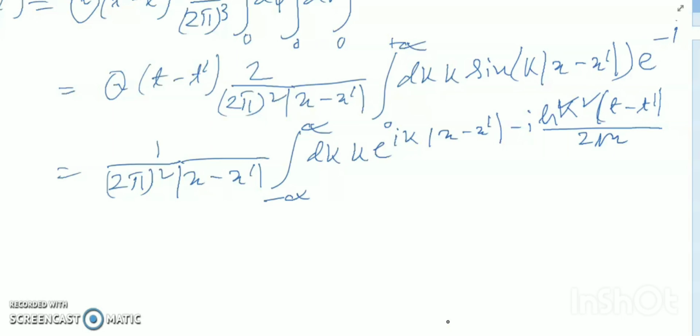The last integral is a Gaussian-like integral, so it is easily calculated. If you are not comfortable with Gaussian integrations, I can find out the Gaussian integration.